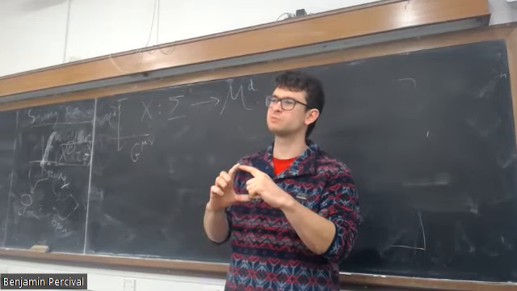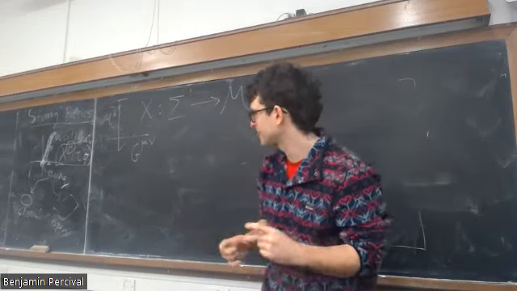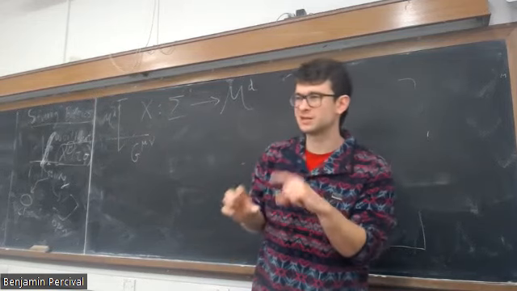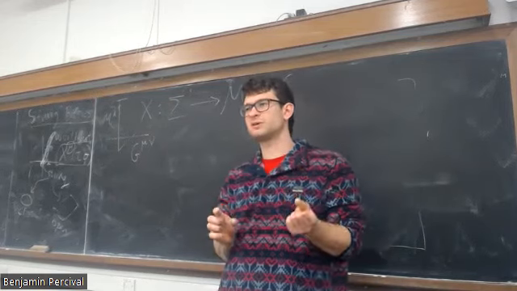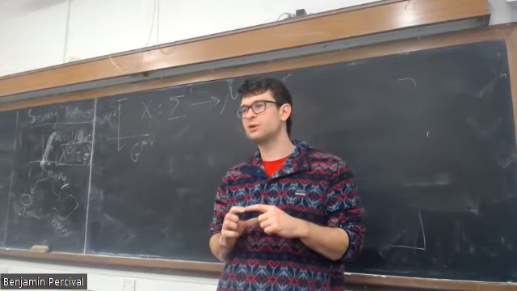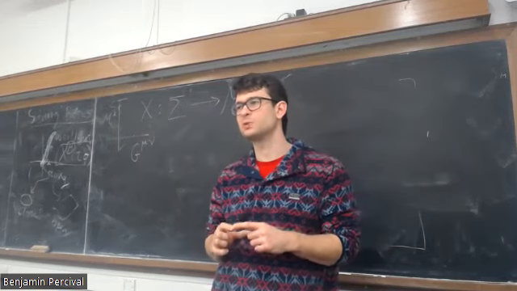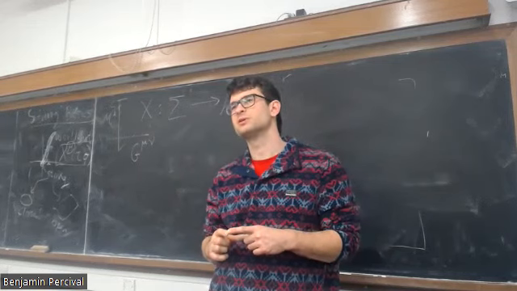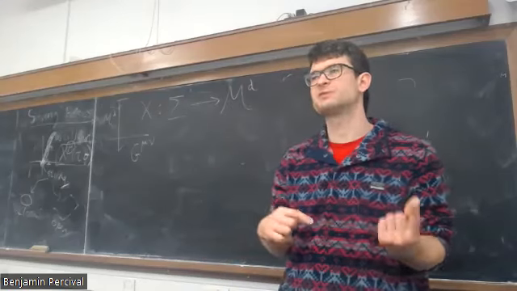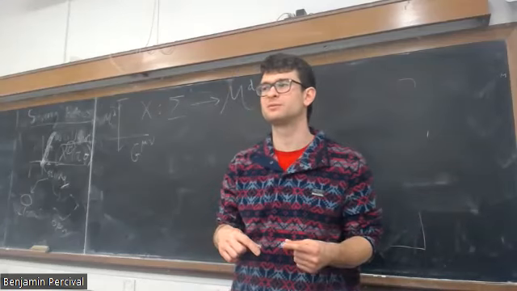They're always going to have closed boundary conditions. So basically, string theories that contain closed strings don't have to contain open strings, but theories that contain open strings have to contain closed strings as well.